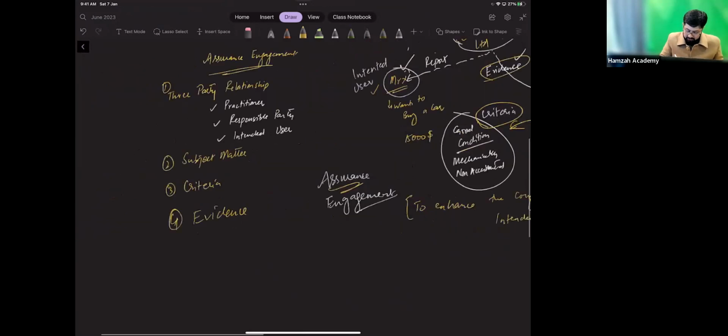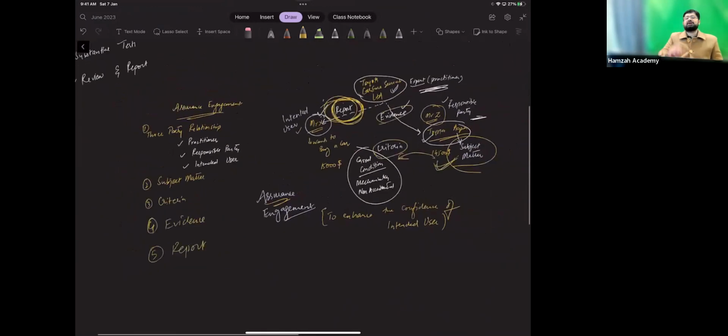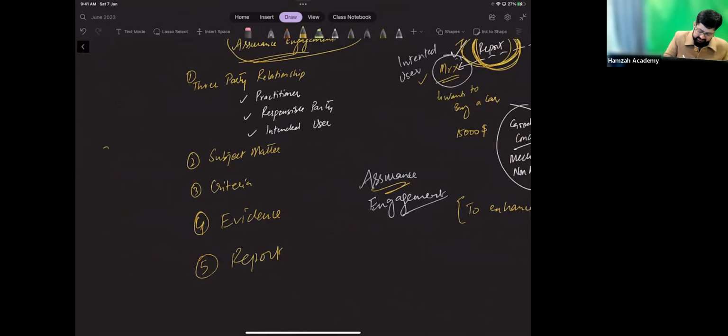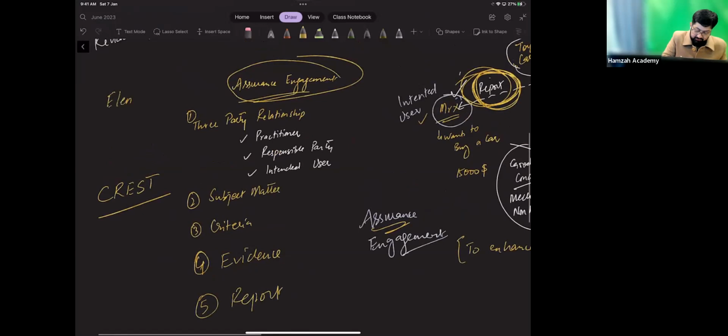And then is the report, the ultimate outcome of assurance engagement. So you see here, TSECR. These are the elements of assurance engagement. 5 elements. T, three-party relationship. S, subject matter. E, evidence. R, report. And C for criteria. 5 elements of assurance engagement.